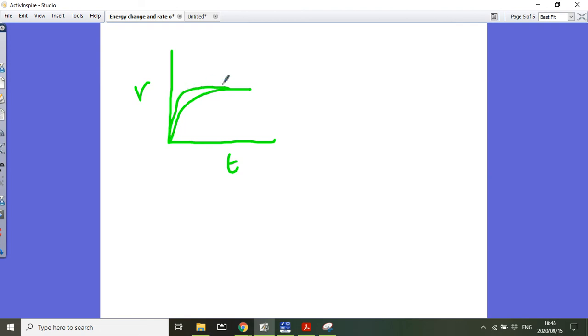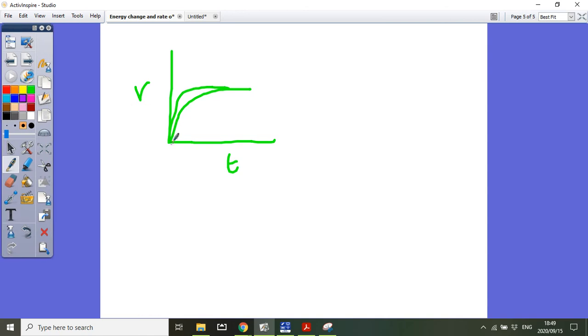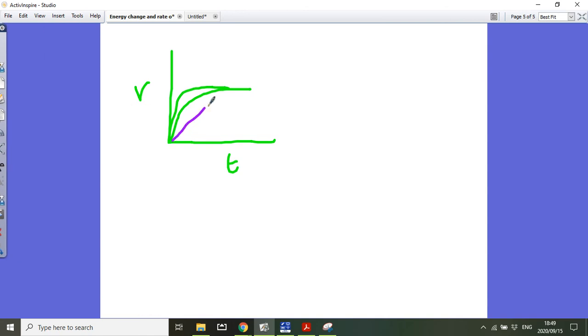If I add a catalyst, it would be like that. If they say that you've got a decrease in temperature, then you need to know that it's slower, but I will still form the same amount of products. I'll just form it at a later stage. So it will take a longer time for me to form that product if it was a lower temperature. So just read your question.